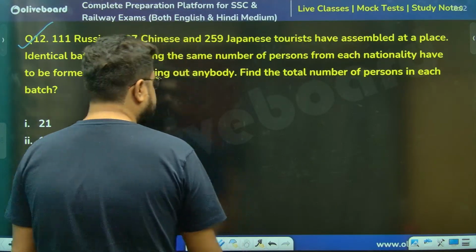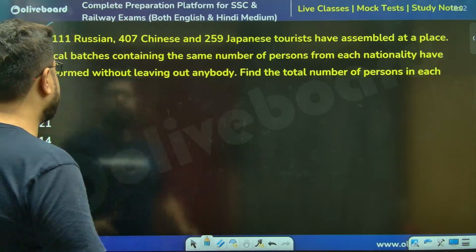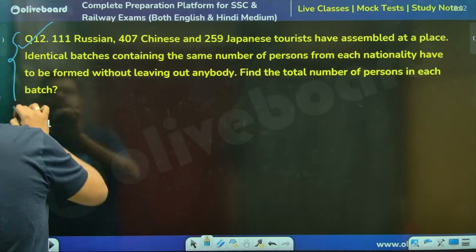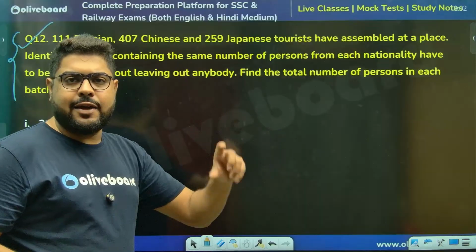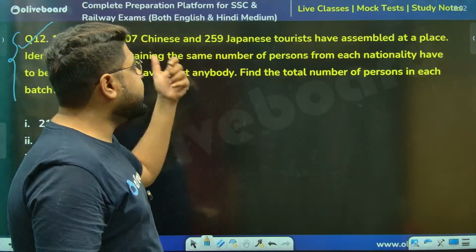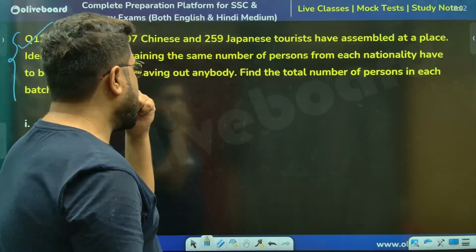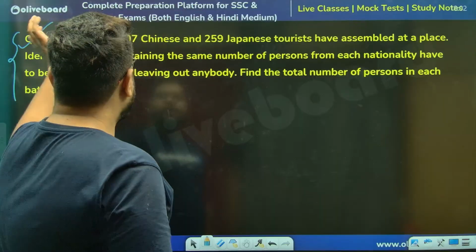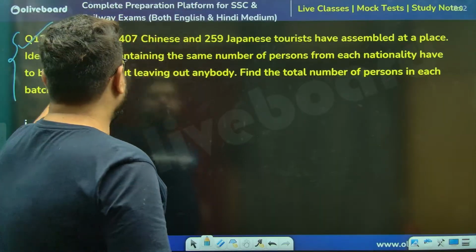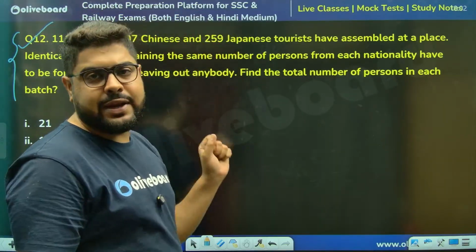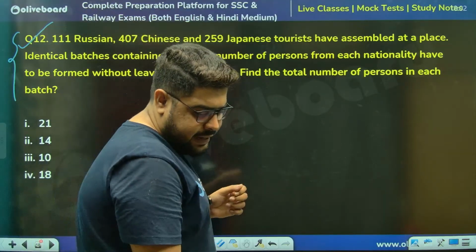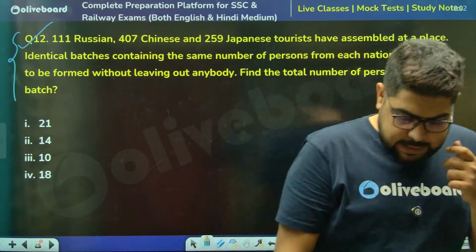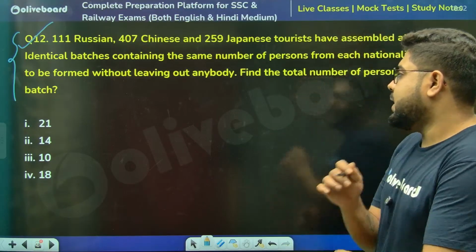The only way it makes sense is, I was thinking every batch will have either Russians or Chinese or Japanese. No, that means they are saying you need to take a few Russians, a few Chinese, a few Japanese. So you can take this, you can take this.